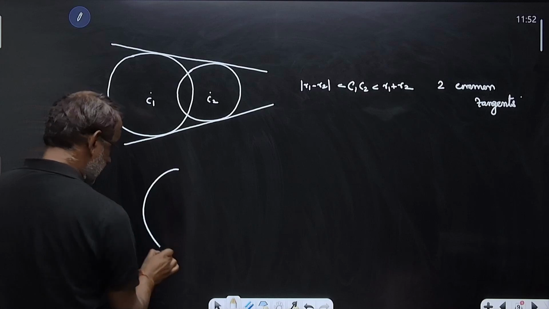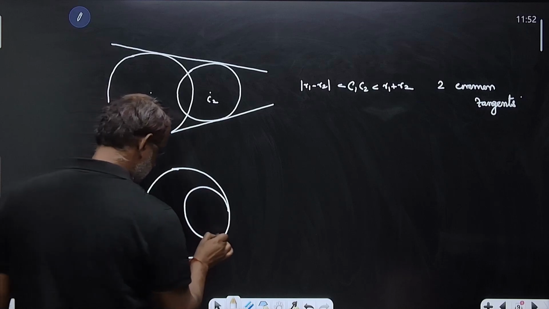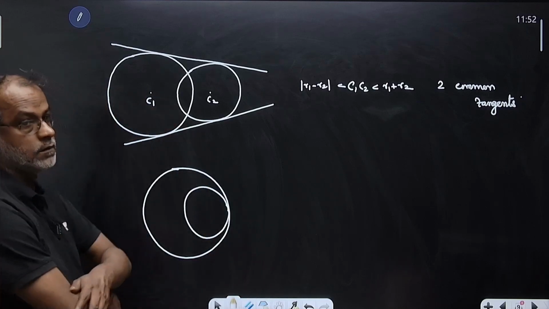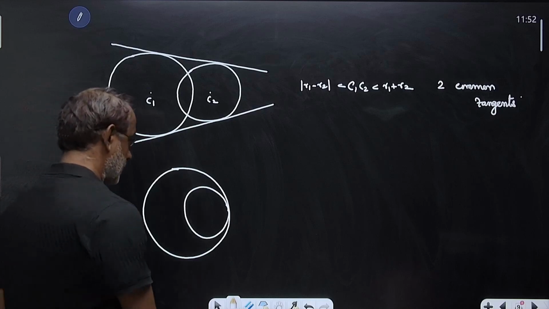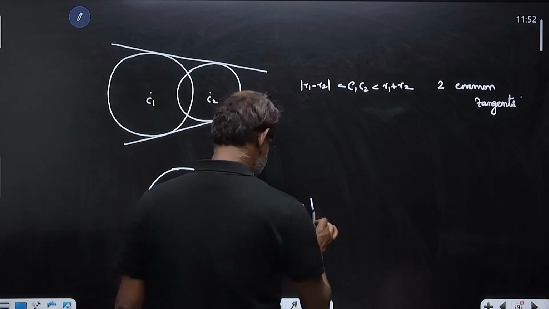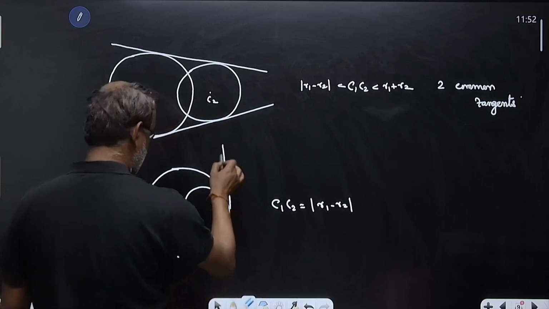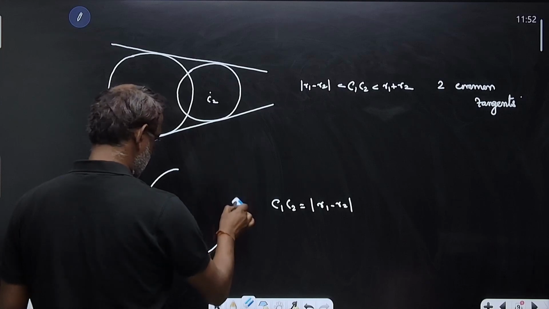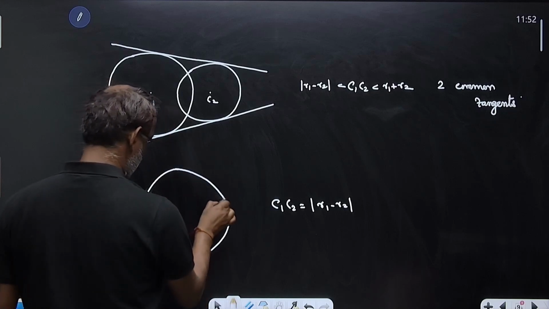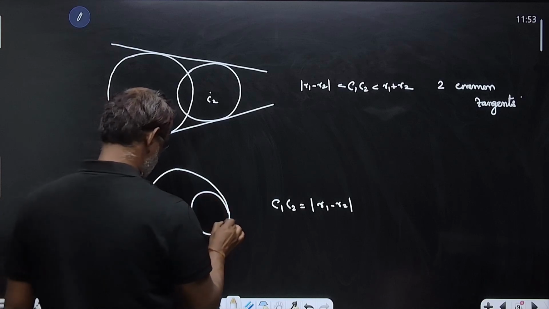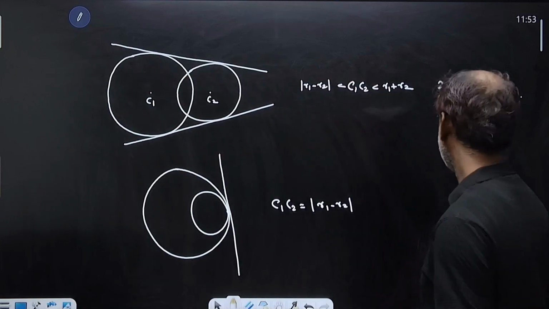Now, if the circles touch each other like this, one lying inside the other, that is when C1C2 equals the difference of radii, so we only have one common tangent.